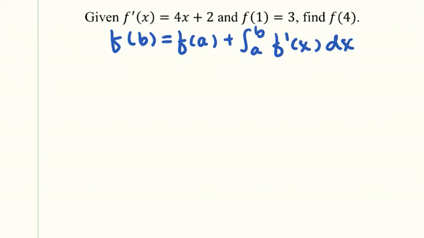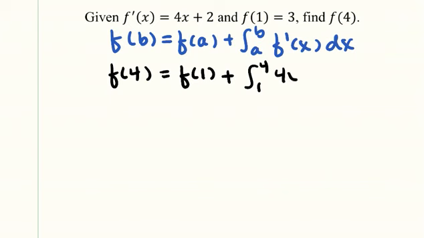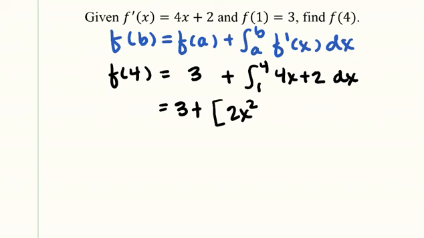So in this example, f of 4, which is what we're looking for, is given by f of 1 plus the integral from 1 to 4 of f prime of x, which is 4x plus 2, dx. f of 1 is 3, so I'll change that to 3. An antiderivative for 4x plus 2, as we found, is 2x squared plus 2x.